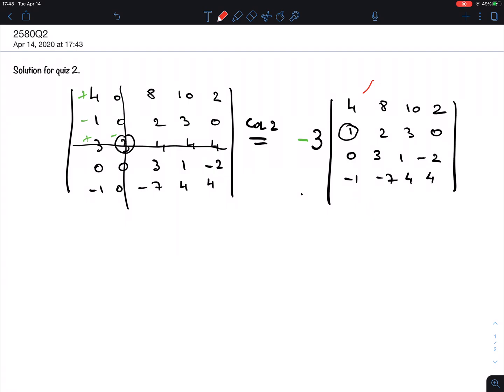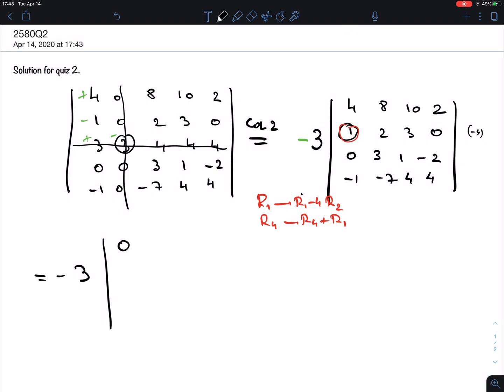So the two row operations that do this would be: replace row 1 with row 1 minus 4 times row 2. I'm working with row 2, right? Because that's where the pivot is. And row 4 plus row 1. Okay? So I get negative 3. Don't forget to copy the factor that you have. And then the first row, we do here with negative 4, and then add up.